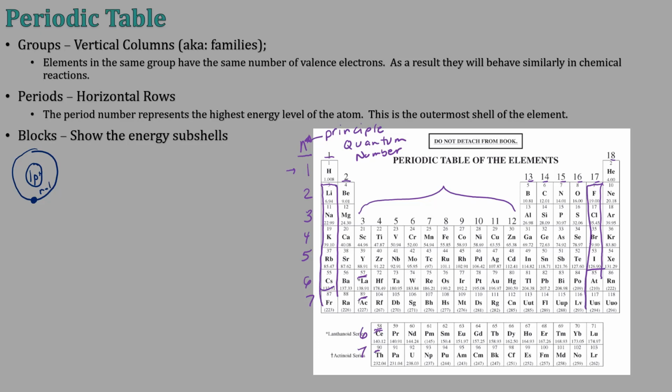And if we look at lithium, lithium has 3 protons, so it has 3 electrons, and it has 2 in the first ring, and then it has 1 in the next ring. And so this is where N is equal to 1, and this is where N is equal to 2. So if you look right here at where lithium is, 2 is its max energy level, because that's where its valence electrons sit.